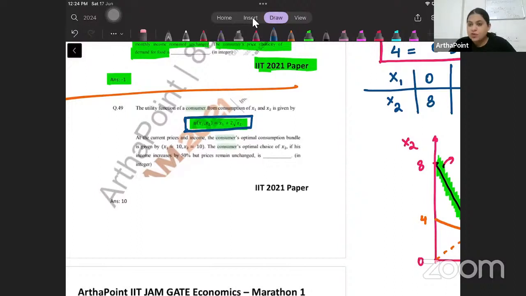No, I've given you the example of exponent also, right? So you have to check that MRS should be diminishing for me to be able to use MRS equal to PX by PY. Only then I will go ahead and use it.